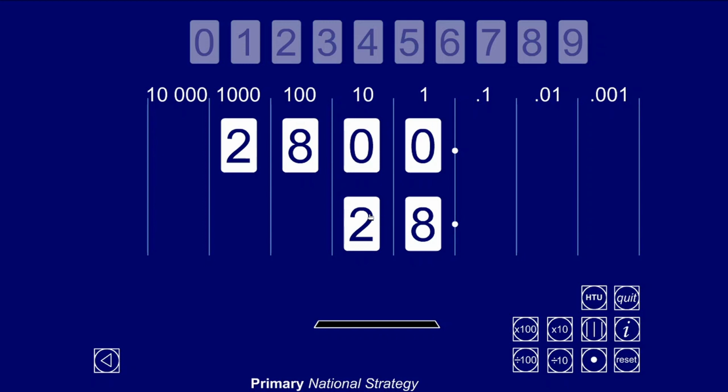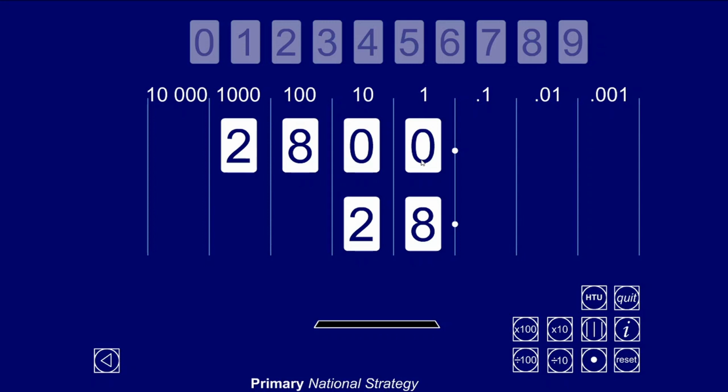So we can see clearly that each of the digits has moved 2 places to the left. If we divide by 100, they move back 2 places to the right. And again, you can see we've had to put zeros in there to show there are no individual tens and no individual ones. Although obviously in total there are 280 tens and 2,800 ones. So it's an absolutely lovely resource just to let the children see what really is happening when we multiply by 10 and divide by 10.